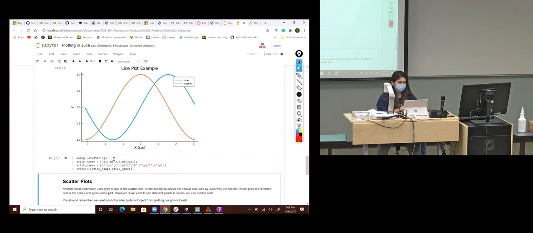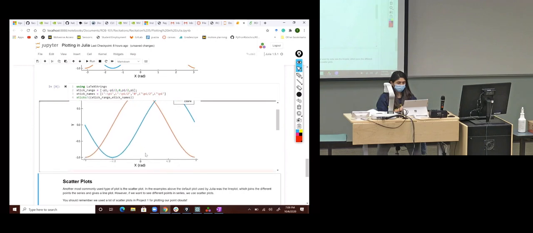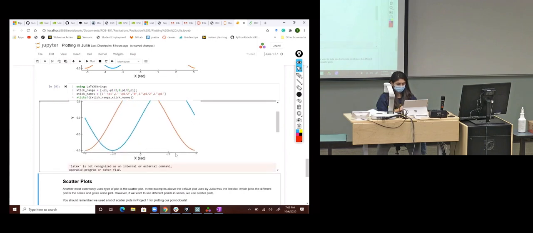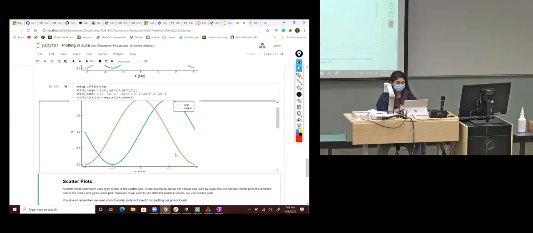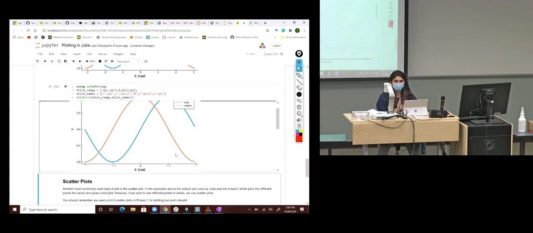Once it runs, it's pre-compiling the LaTeX strings package. And there you go. There's a couple of errors, I think because I don't have some downloads, but it wouldn't give you those if you run it on a Lumi desk.